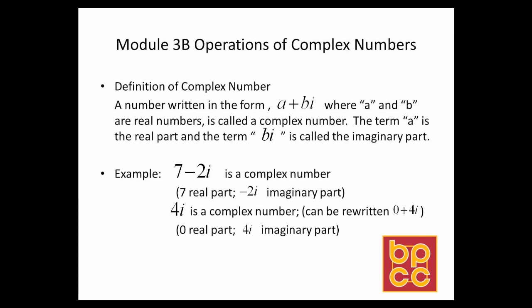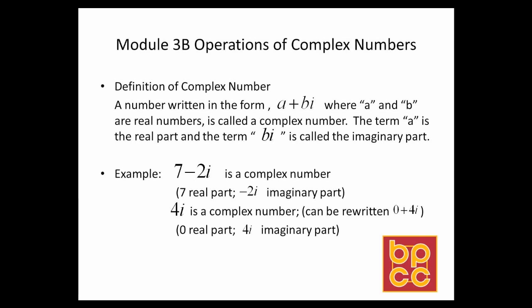It has a real number part, 7, because we all know 7 is on our number line. It also has an imaginary number, negative 2i, and we know that's imaginary because it has the i, the symbol for imaginary. So when we put a real number and an imaginary number together, that's called complex. And we always write the real number first and then the imaginary number second. That's just proper form of writing a complex number.